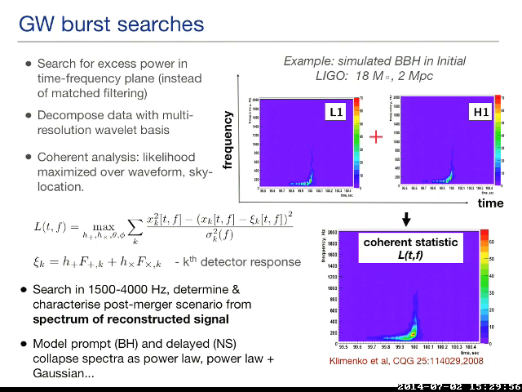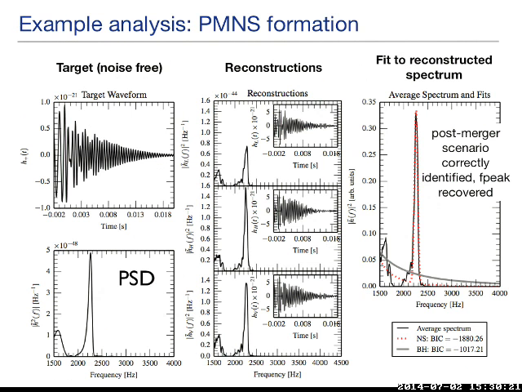There are more informed things you could do, but as a first approach it works pretty well. We modeled the prompt collapse to a black hole as just a power law in the power spectrum, and the delayed collapse, or the formation of a hypermassive neutron star, as a power law plus a Gaussian bump. That lets us choose between those two models and recover F peak pretty accurately.